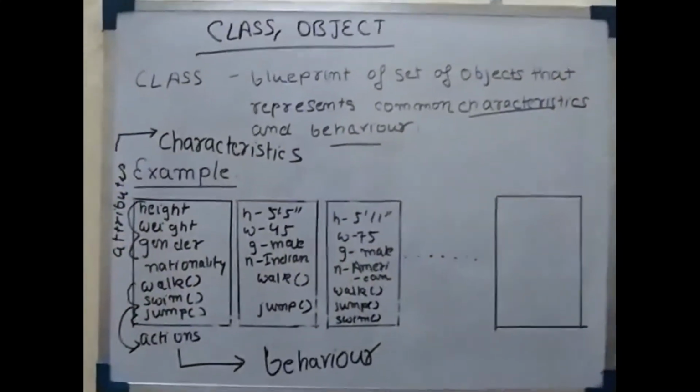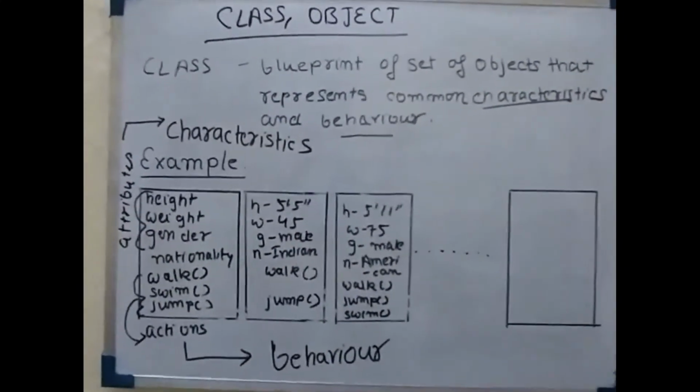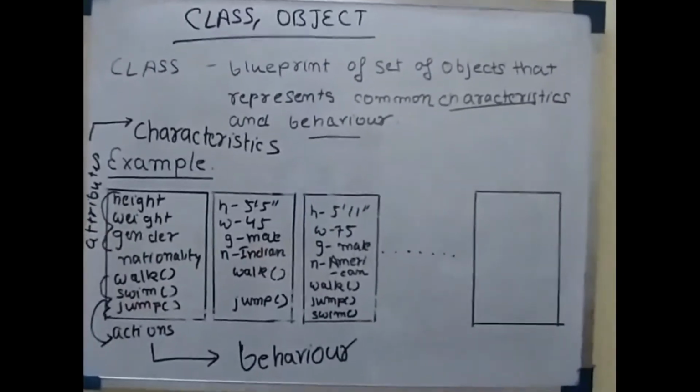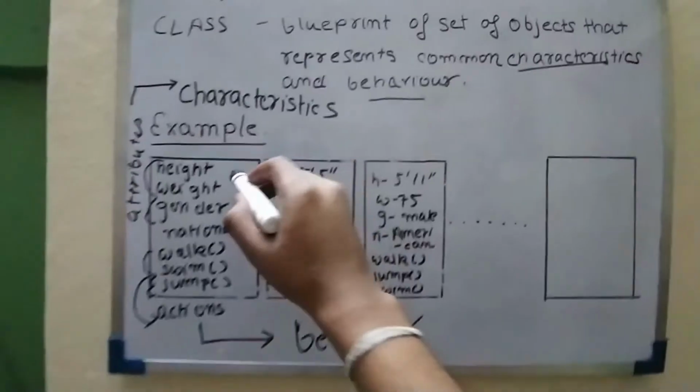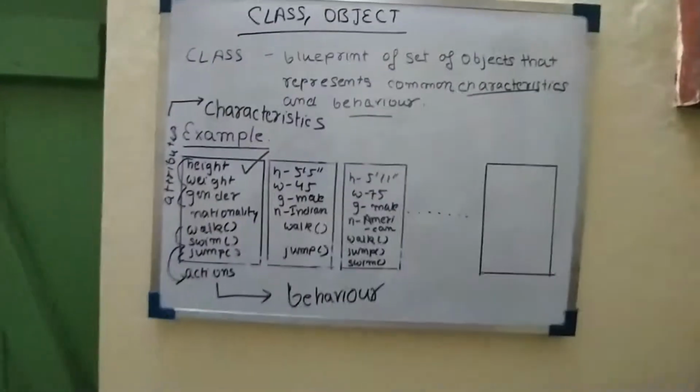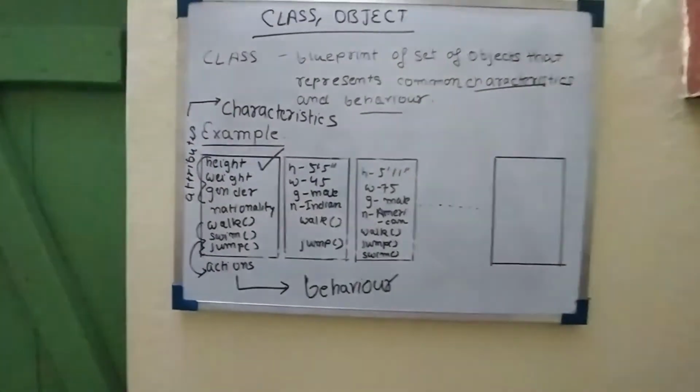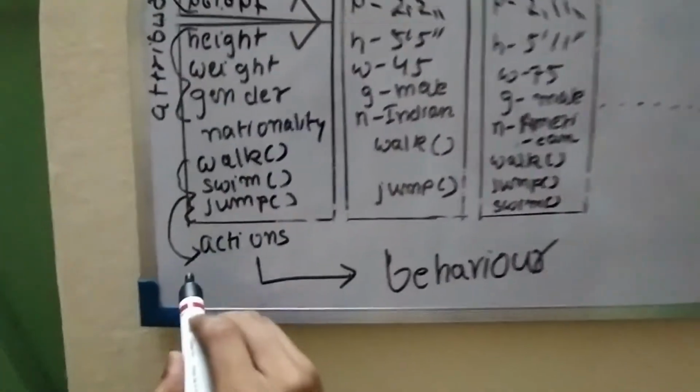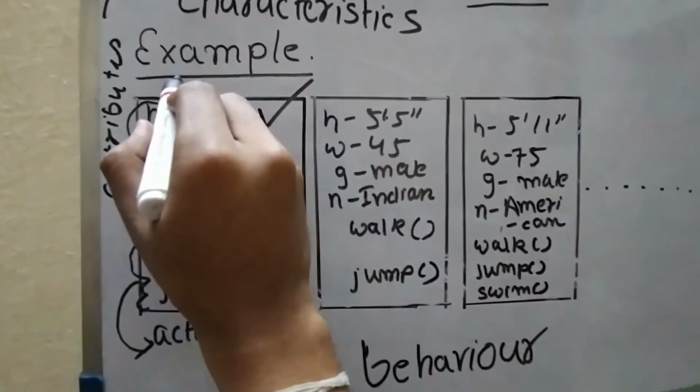Now what comes up is that when you have both the actions and characteristics combined in one single box or one single file, this is called a class.